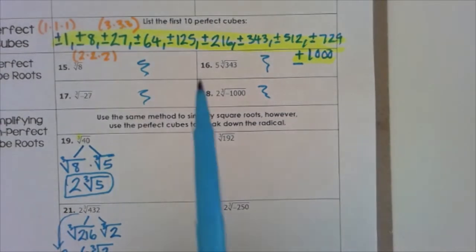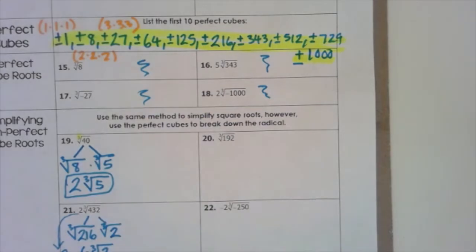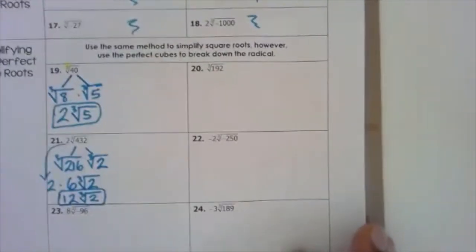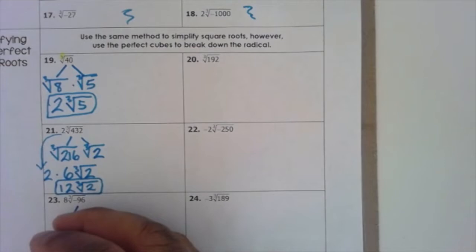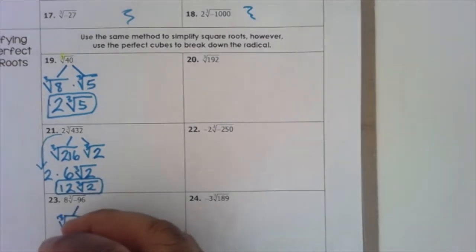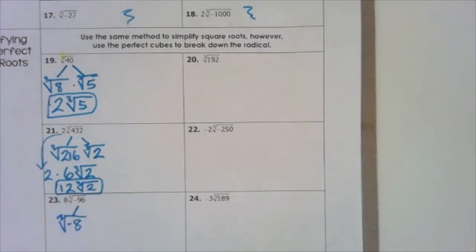So I'm going to still try to find my biggest perfect cube that's going to go into the cube root of negative 96. But I'm going to make sure that I choose a negative perfect cube, because I have that negative 96. Now, the biggest perfect cube that's going to go into negative 96 here is going to be negative 8. So I'm going to write down here the cube root symbol, and then I'm going to have my negative 8.